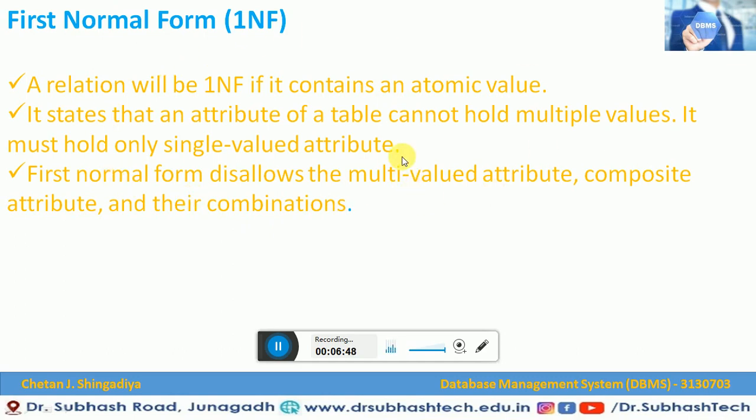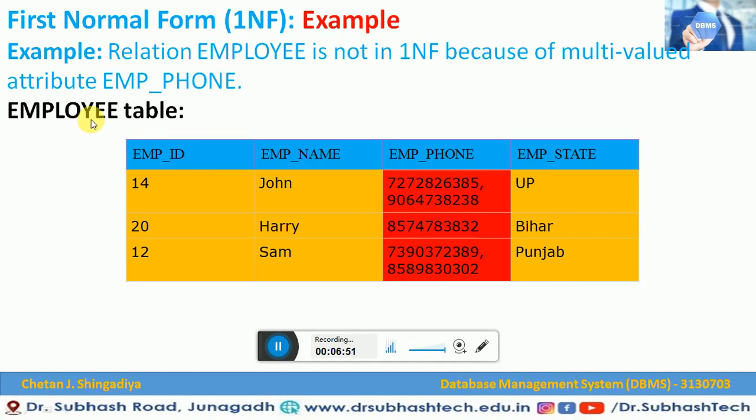Let us see this with an example. In this first normal form example, the relation employee is not in first NF because the multi-valued attribute is employee phone. Here we have taken an employee table with 4 columns: employee ID, employee name, employee phone, and employee state. According to the first normal form, the table must not contain a multi-valued attribute.